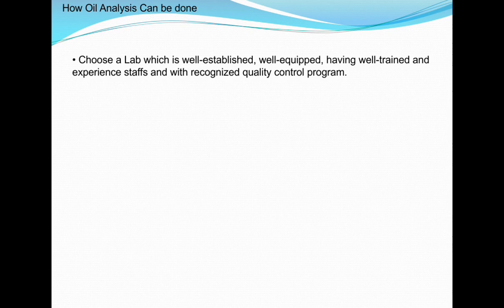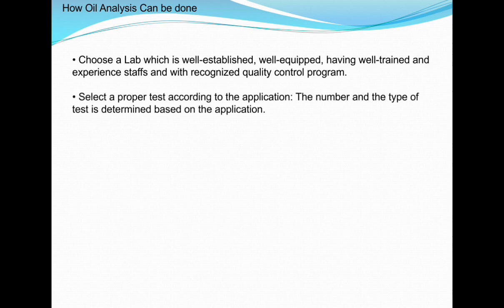The best part is that the staff must be experienced and well trained, and your lab must be recognized by a quality control program. If all this setup is available, we can do the oil analysis properly.